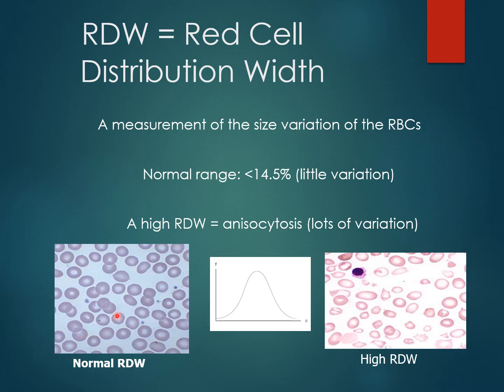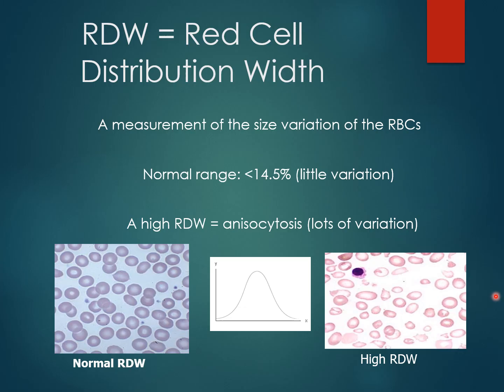So in this picture on the left, we have pretty normal looking cells. Everything looks pretty consistent throughout. We don't have a lot of variety. And then over here we have some little tiny cells. We've got some big fat cells. We have everything in between.